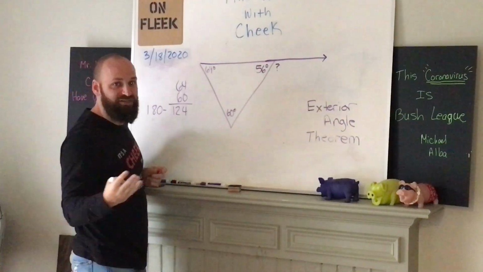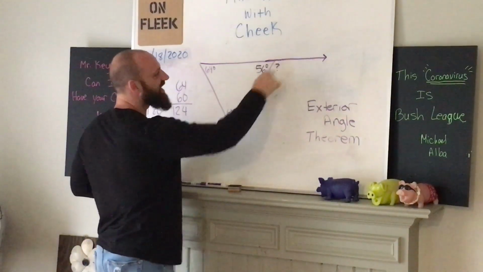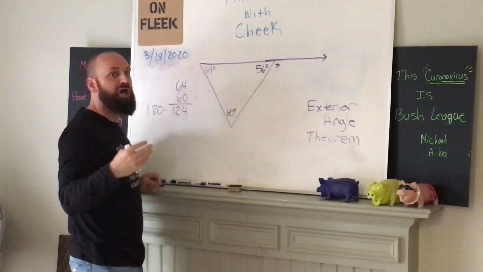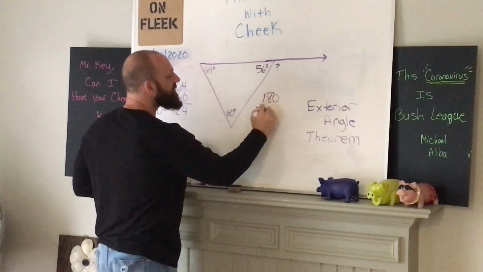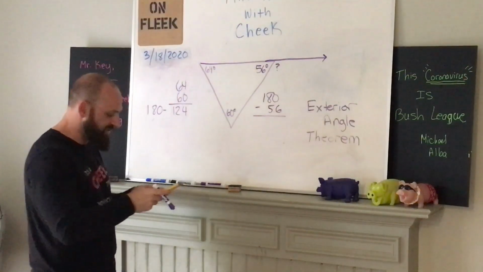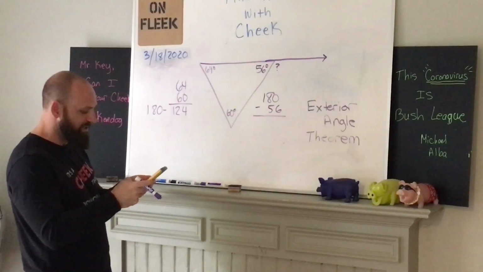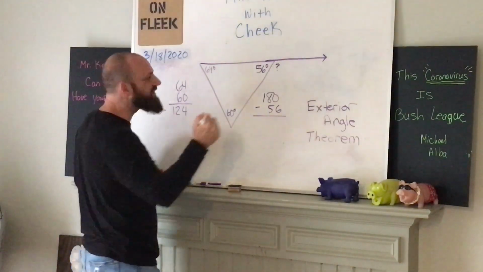They're adjacent to one another. So I know that this acute angle plus this obtuse angle should equal 180 degrees. So I'm going to subtract 180 minus 56. And let's see what we get. 180 minus 56, well, that's 124 degrees.